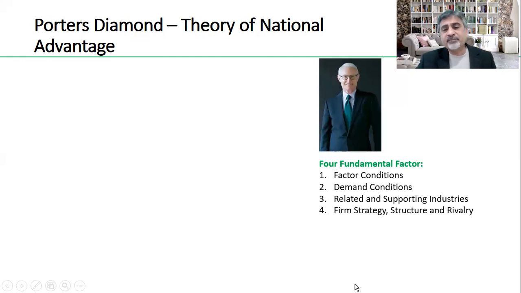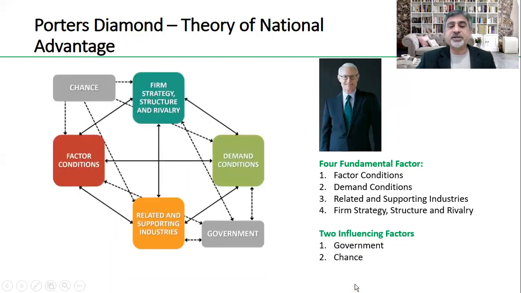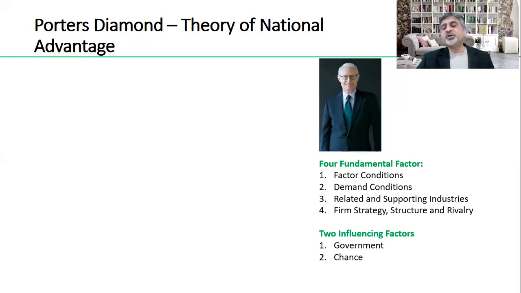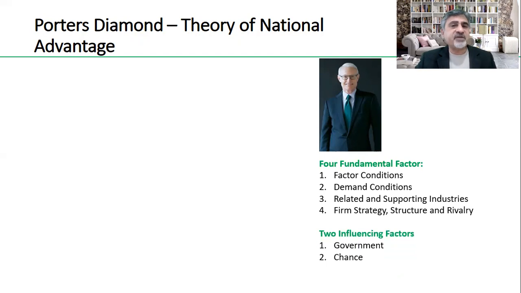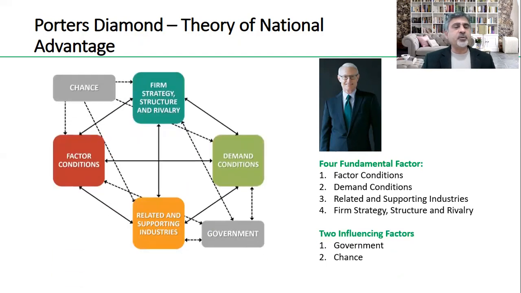And the last one, we call it firm strategy. These are the factor conditions which are in the external environment. Now, how the businesses are using these factor conditions to conduct their activities. You will have the organizational culture. You will have the business norms, business ethics.